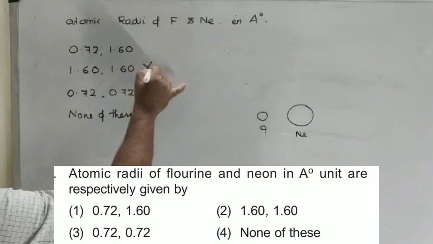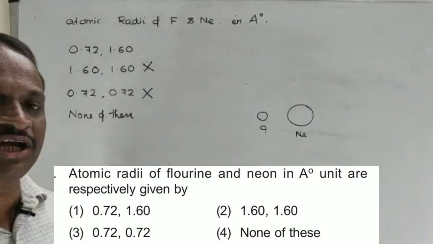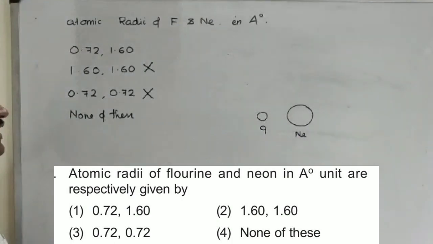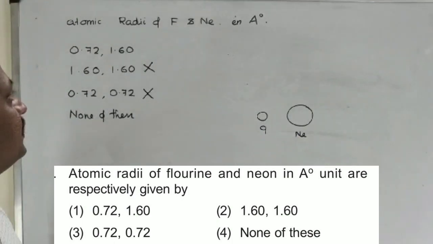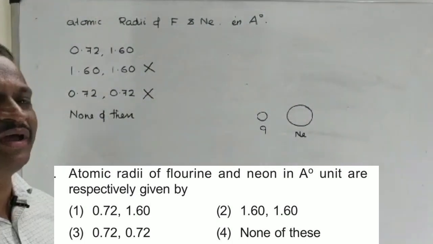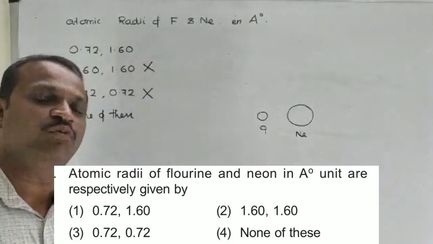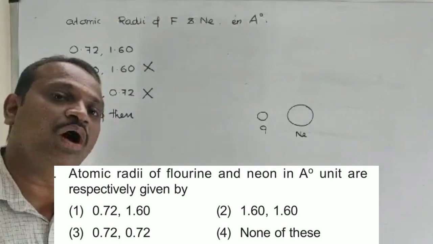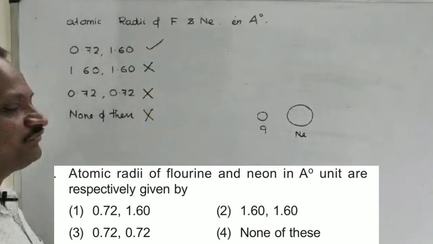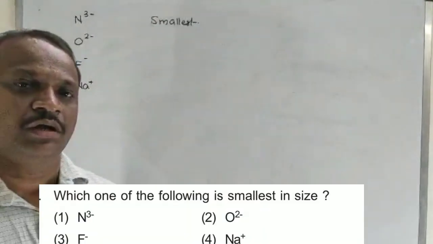This also cannot be your answer because the radius of both atoms cannot be equal, and only one option is left with 0.72 and 1.60. See, fluorine is the first atom with a small radius and neon is the bigger atom with the higher radius, and we know its radius is expressed in van der Waals radius. So our answer is this one, and in most problems, none of this won't come as any option.